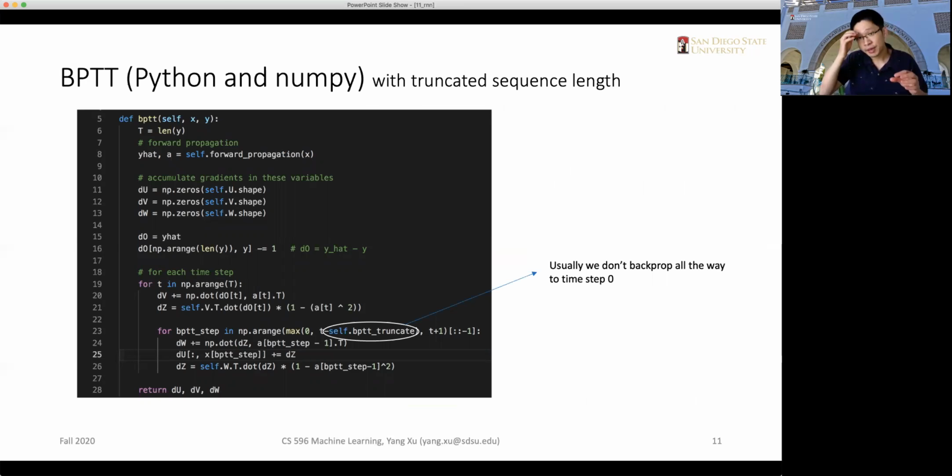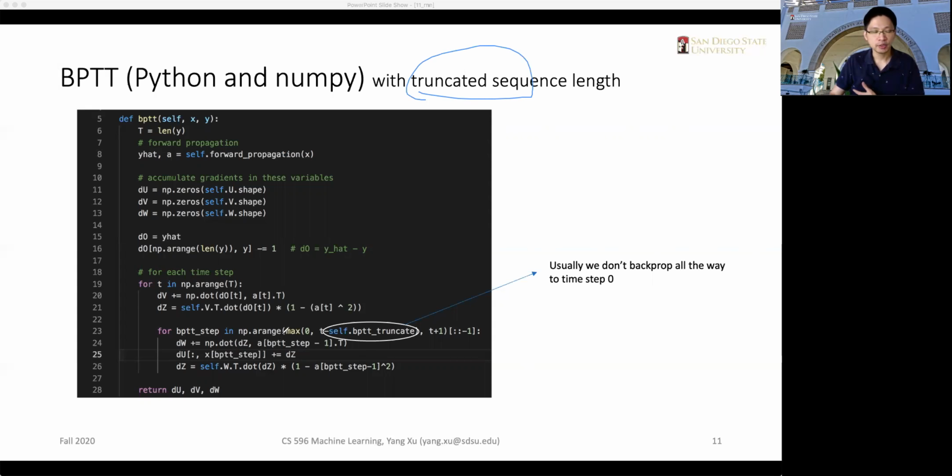We don't need to backprop all the way to the very beginning, okay? So in practice, we'll use a technique called truncated backprop through time. We let the backprop stop when some certain maximum steps are reached, okay?